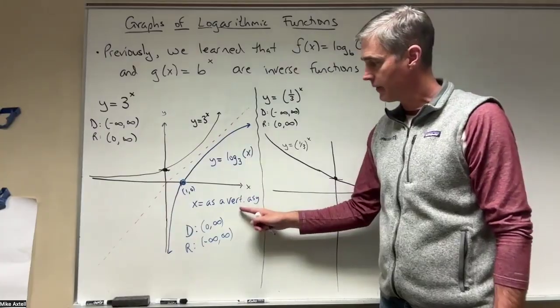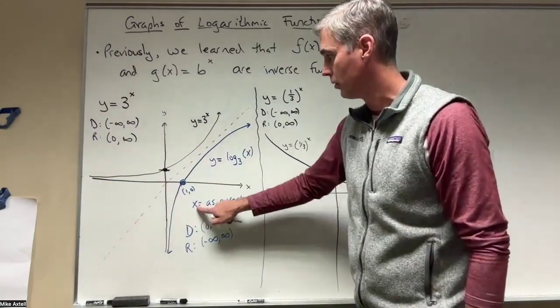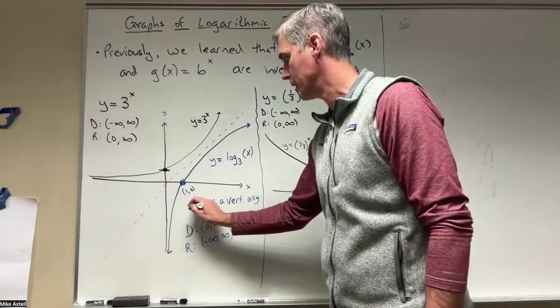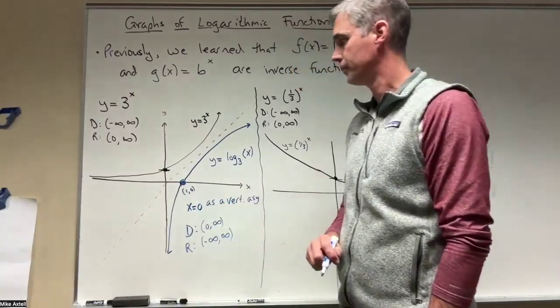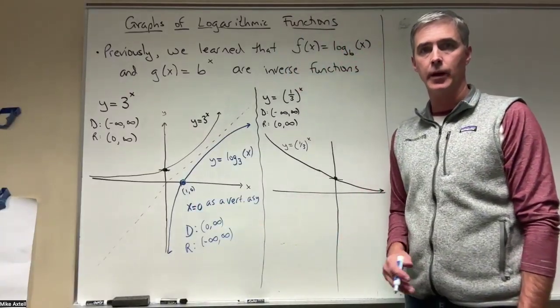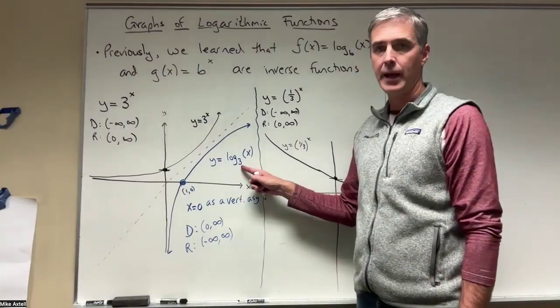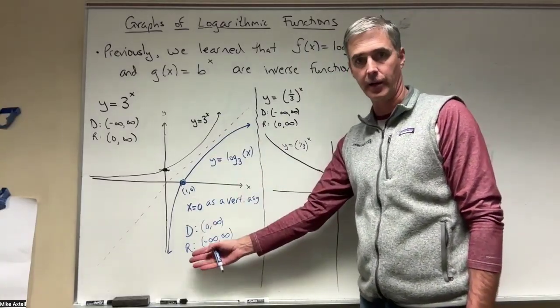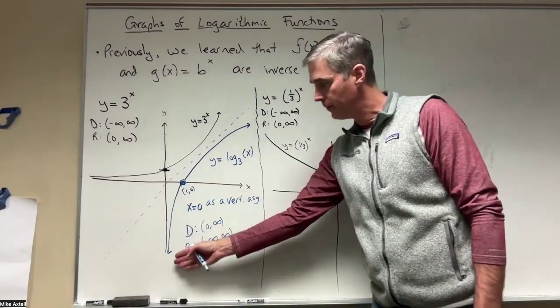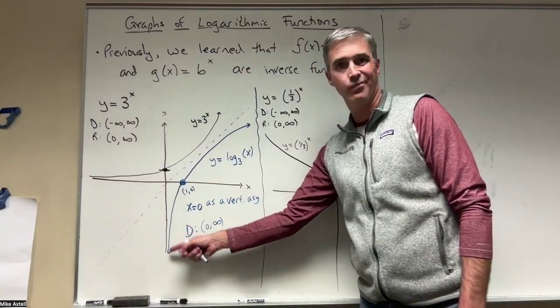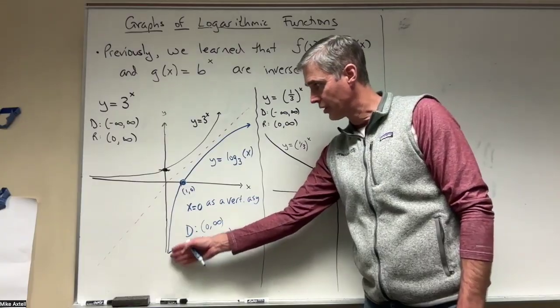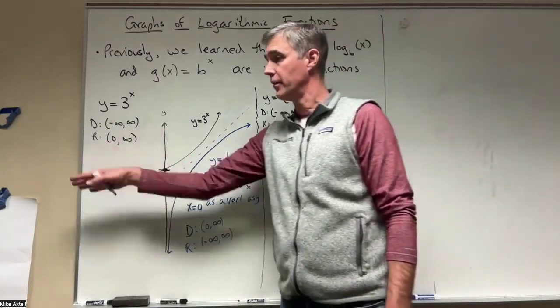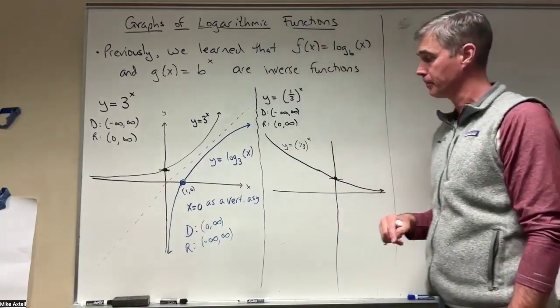Log base 3 of x has a vertical asymptote at x equals 0. Okay. All right. So if my base is greater than 1, this is pretty much what my logarithmic function looks like. Hits the x-axis at 1, the y-axis is a vertical asymptote, starts low, ends high, doesn't even get graphed over here, not part of its domain.